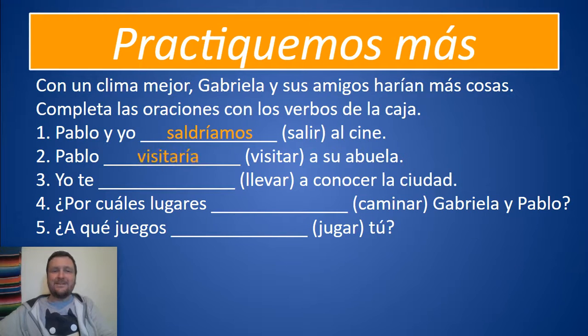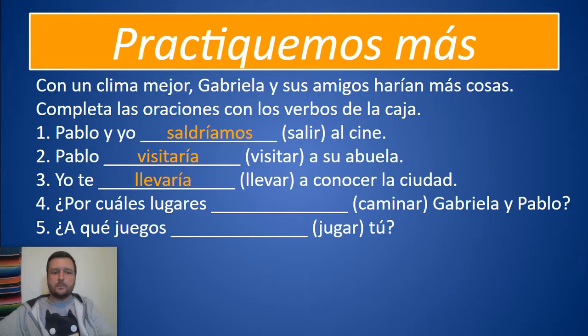Pablo visitaría a su abuela. Pablo would visit his grandma. You should do that anyway, Pablo. Number 3. Yo te llevaría a conocer la ciudad. Don't let the te mess you up. Yo is our subject. I would take you out to see the city.